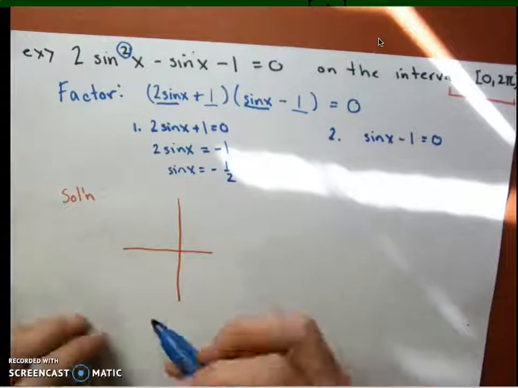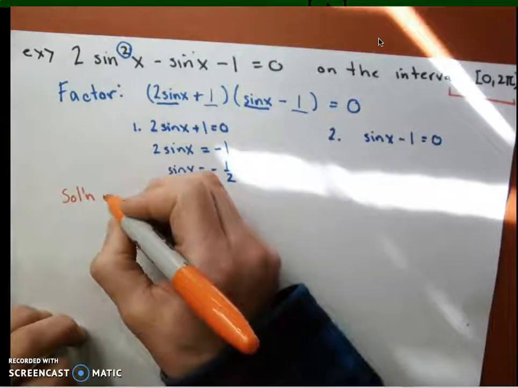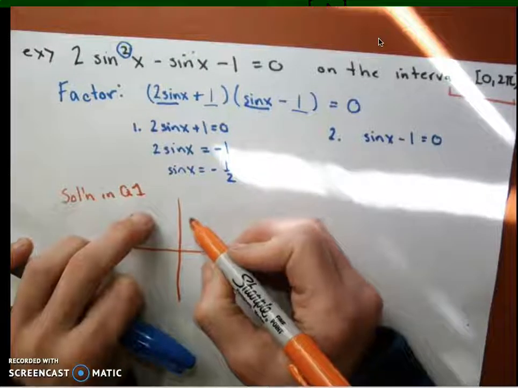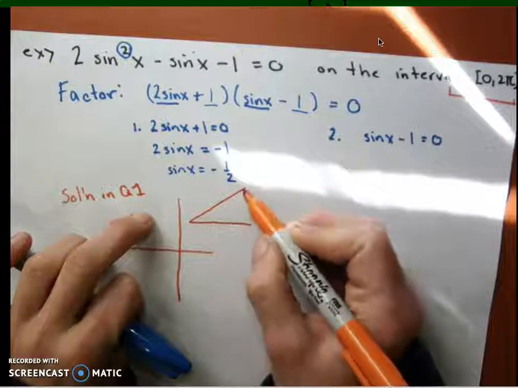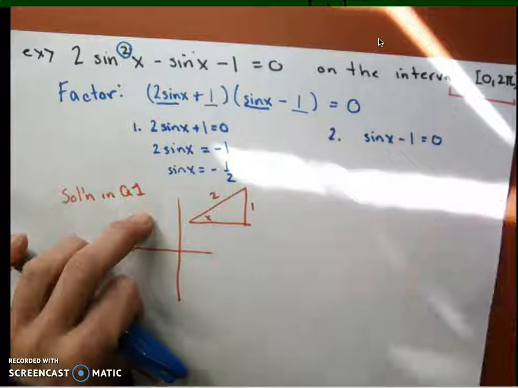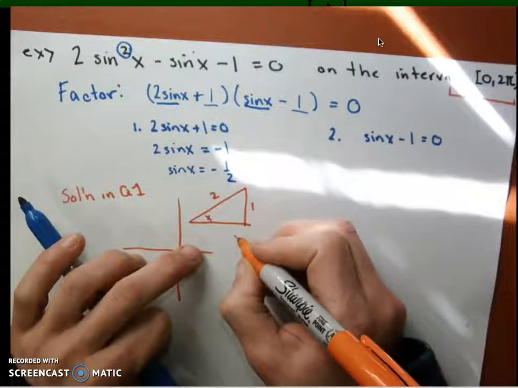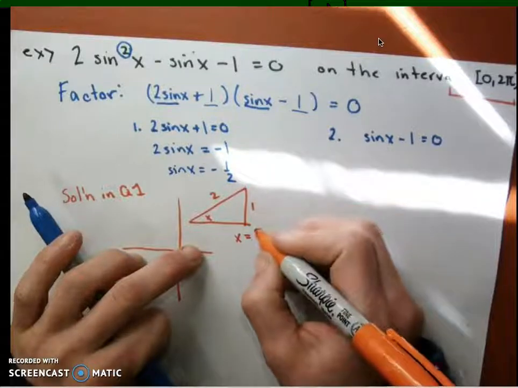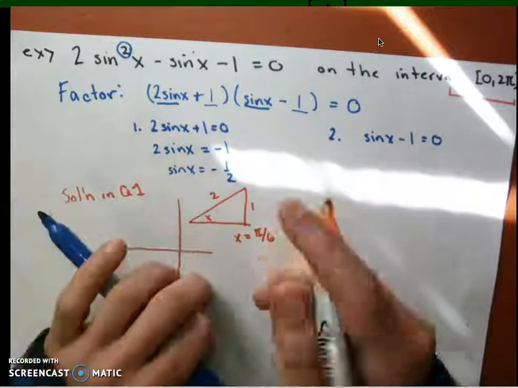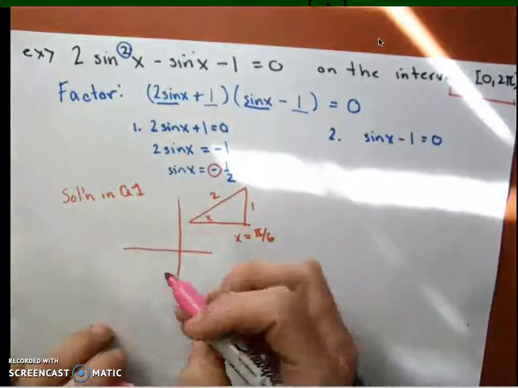Let's get a solution in quadrant 1. To do that, we'll use a special triangle and assume that we had positive 1/2. So sine is opposite over hypotenuse. Again, this is the 30, 60, 90. So in quadrant 1, we'd have x equals pi over 6 as our solution. That's the angle whose sine is 1/2. But we're looking for the angle whose sine is negative 1/2.